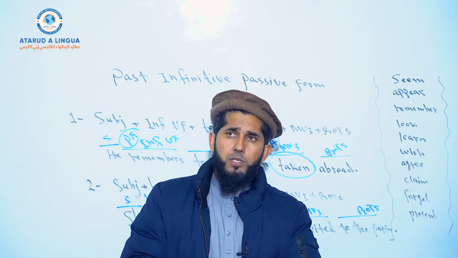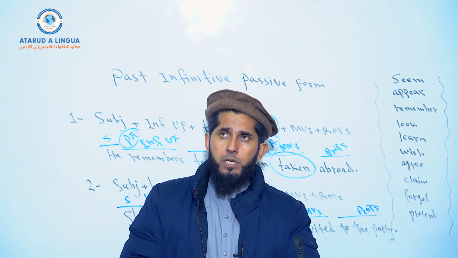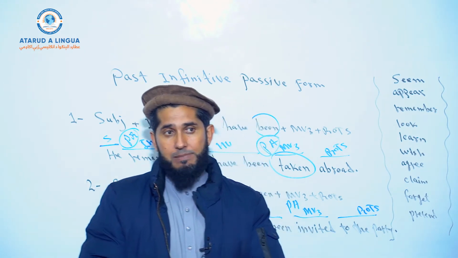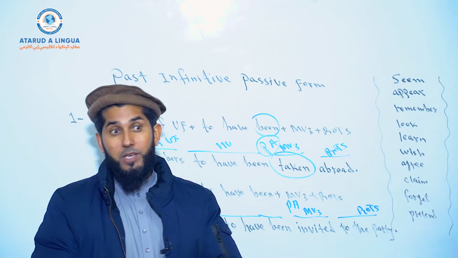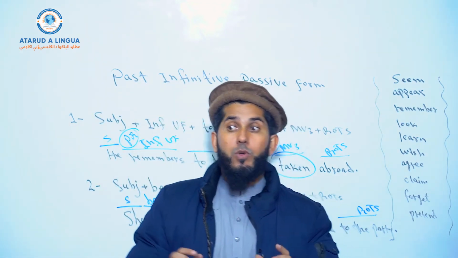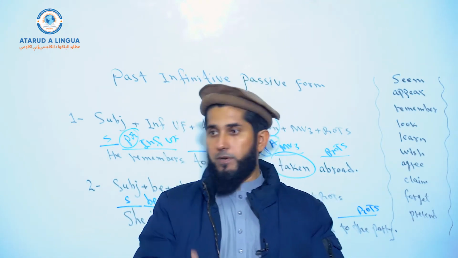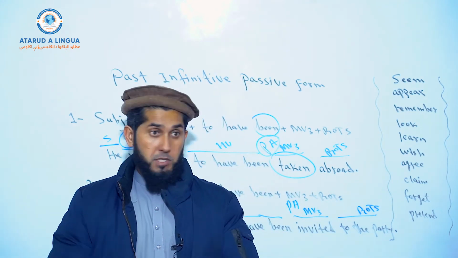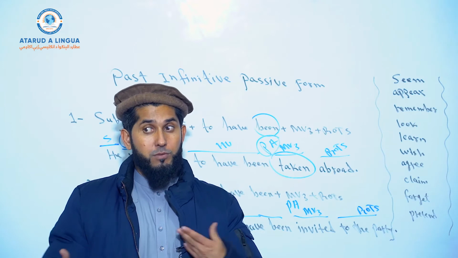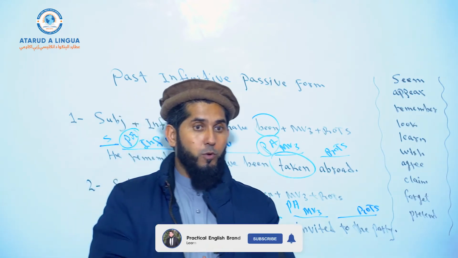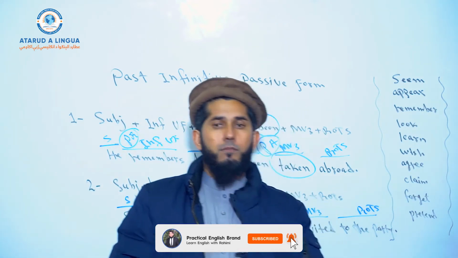So now, adjectives. For example, you can say, he is worried to have been threatened by his enemies. He is worried to have been threatened by his enemies. Even I mentioned the by phrase because it's important here. We should know by whom that person was threatened, right?